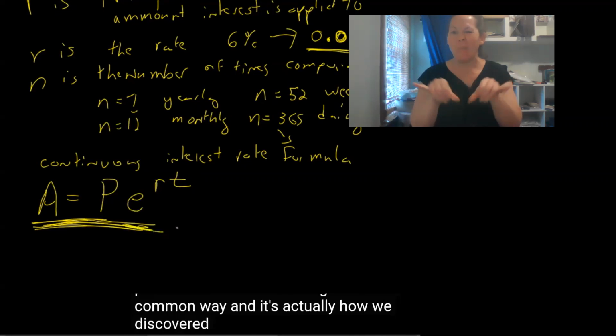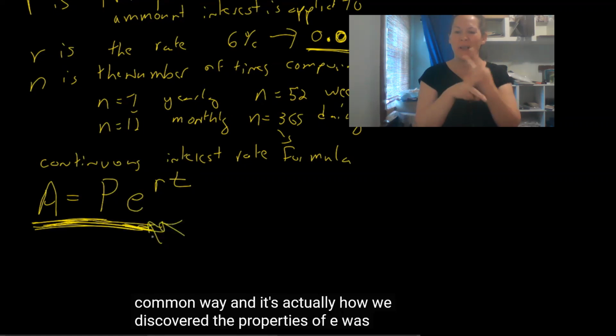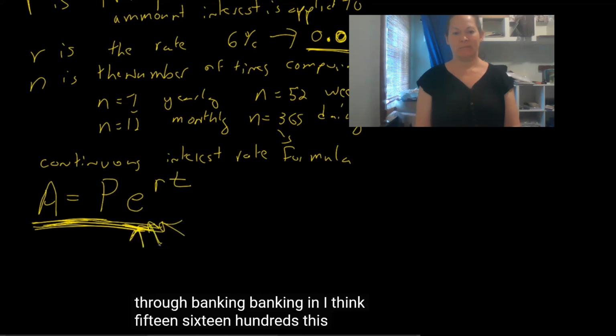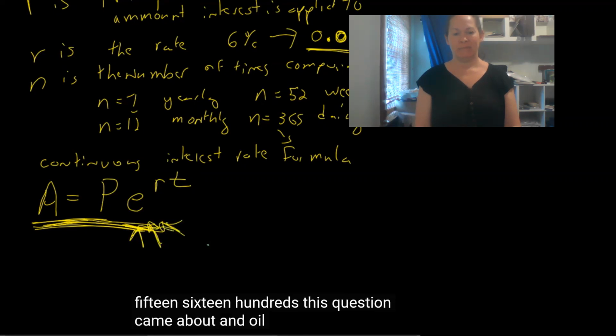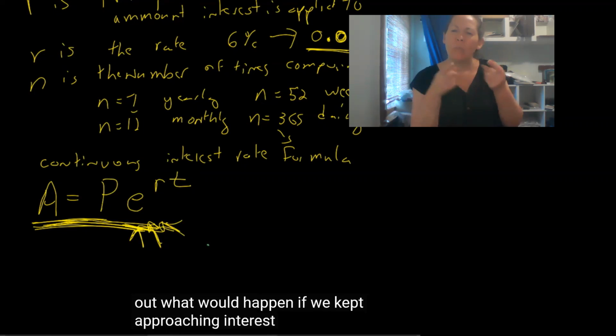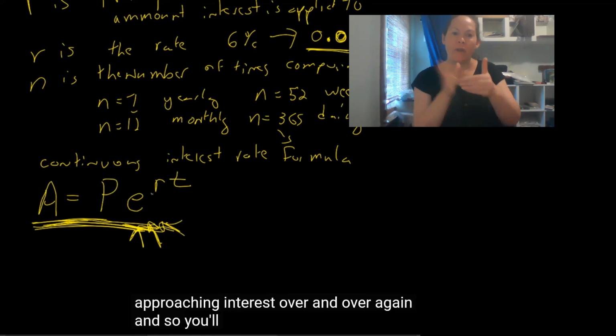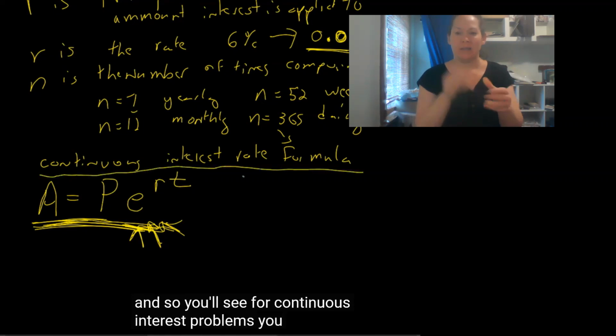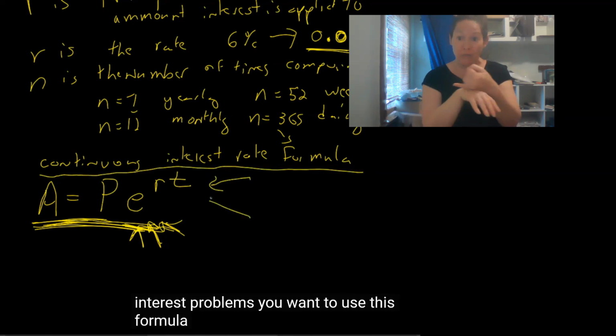And it's actually how we discovered the properties of e, through banking in, I think, the 1600s. This question came about, and Euler kind of figured out what would happen if we kept approaching interest over and over again.